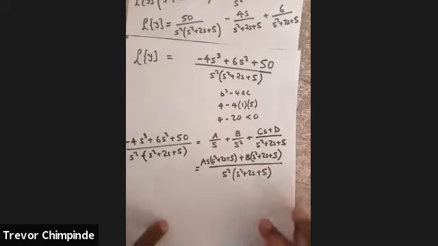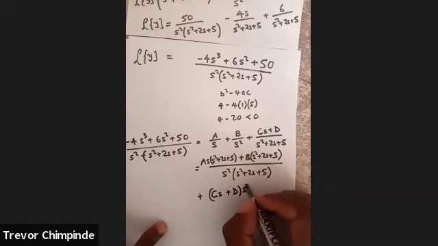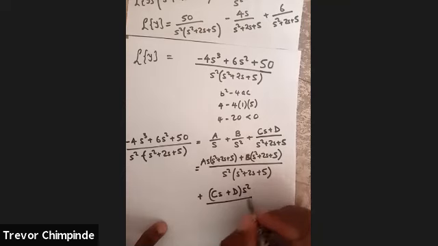Then I'll write my C down here, so plus Cs plus D, then s squared. So this is also over s squared plus 2s plus 5.